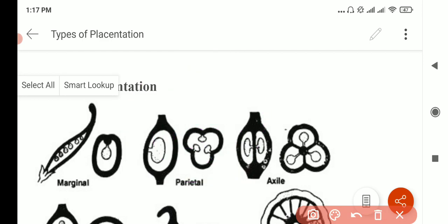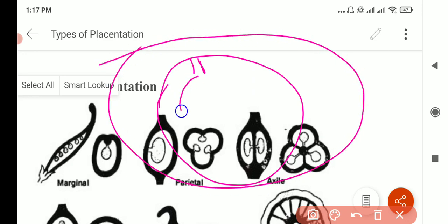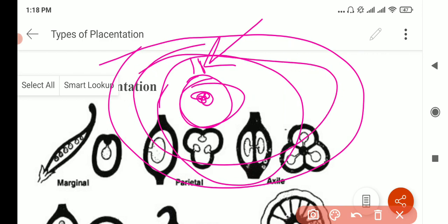So even in plants, this is the ovary chamber, and then there is one small stalk which connects this mother's wall to the ovule. The ovule contains the fertilized zygote, which will become the seed. So there's one small stalk which connects the ovule to the ovary chamber.